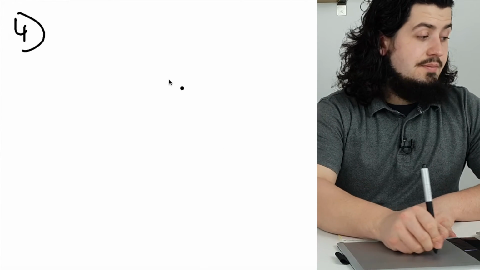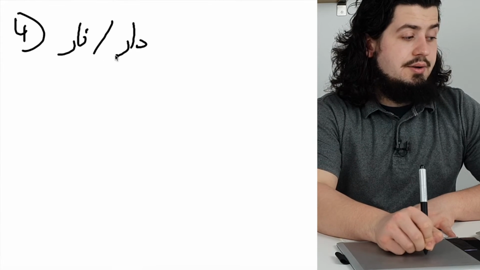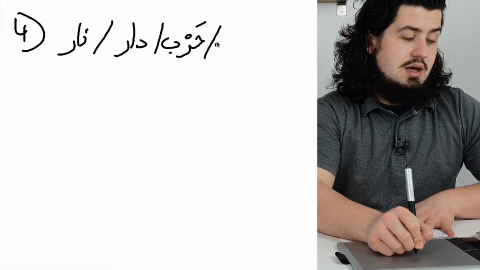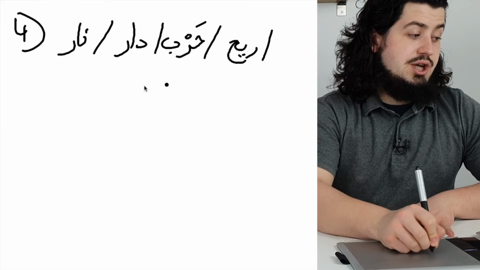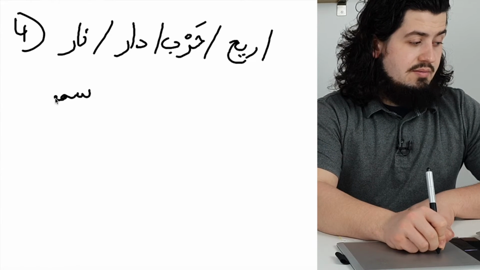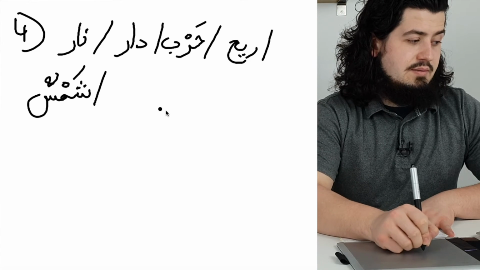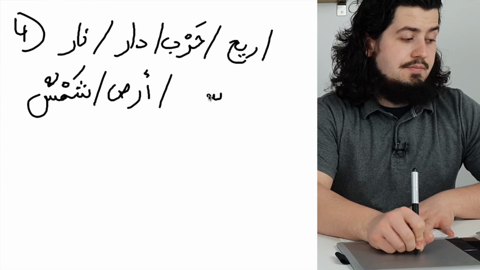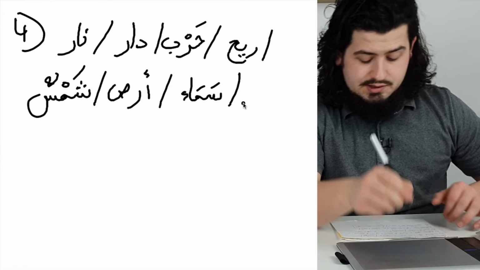For example, the word nar is feminine, dar is feminine, harb is feminine, rih is feminine, shams is feminine, ard is feminine, sama is feminine. Those are just some of the words.